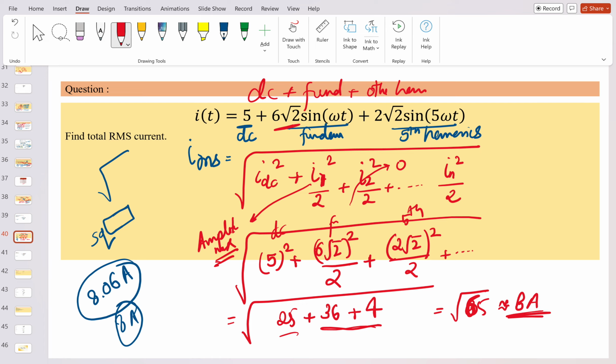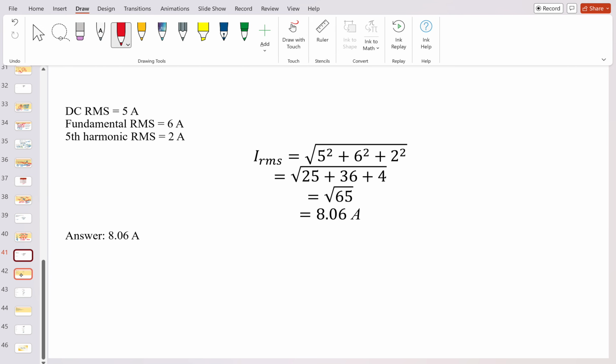Okay, that is correct. Let's move forward. And this was 8.06. Let's move forward.